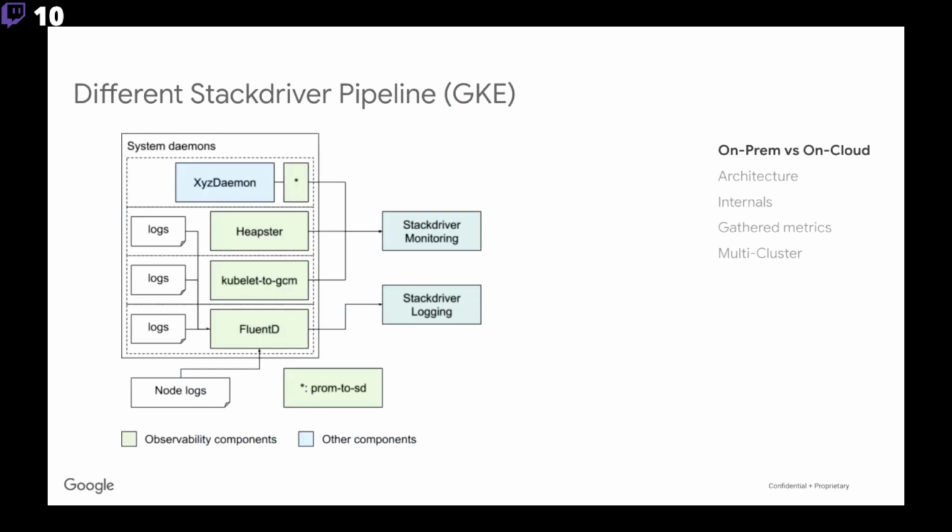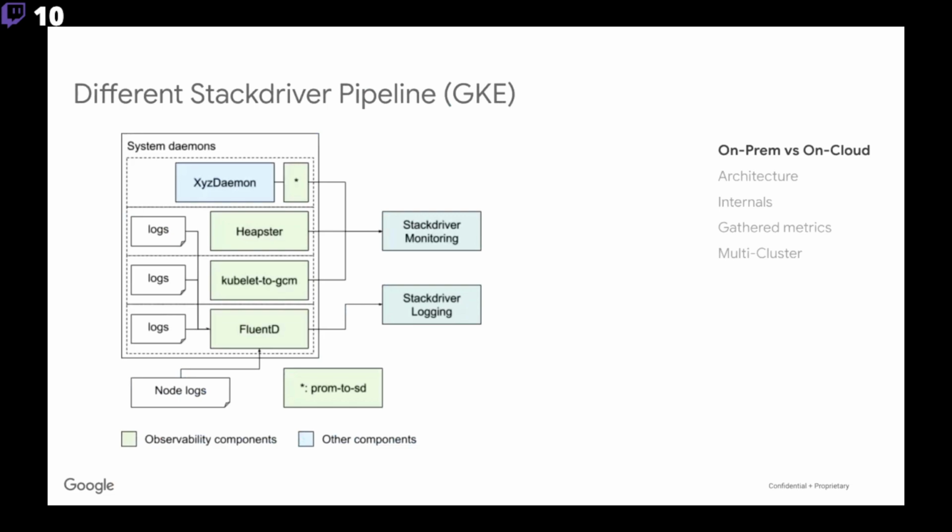So the GKE on cloud is how the Stackdriver pipeline looks in a GKE on cloud cluster, where the metrics will be primarily scraped and sent out to Stackdriver monitoring from multiple different pieces.